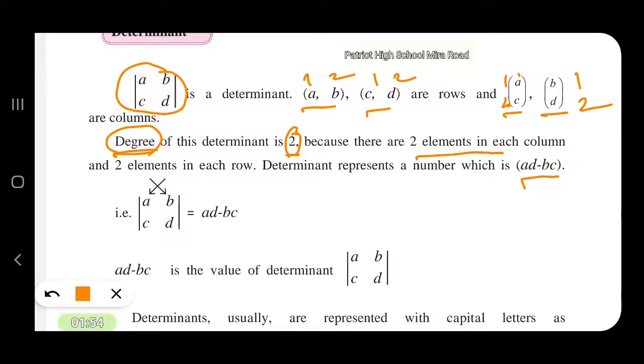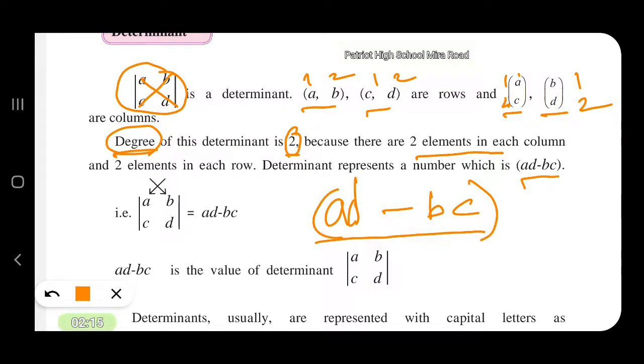You multiply this and this, so you have AD, A multiplied by D, and minus B multiplied by C. So this is how you get the value of the determinant. AD minus BC is the value of the determinant written in this particular manner.